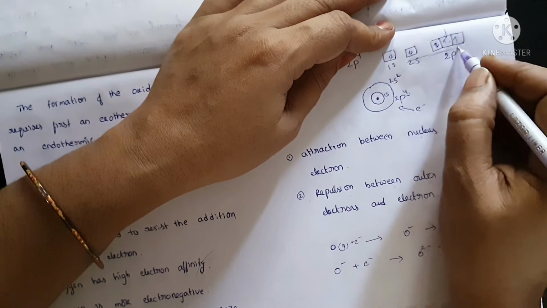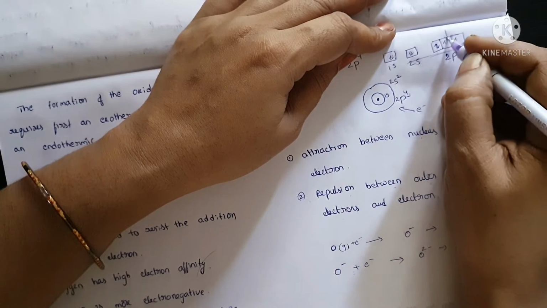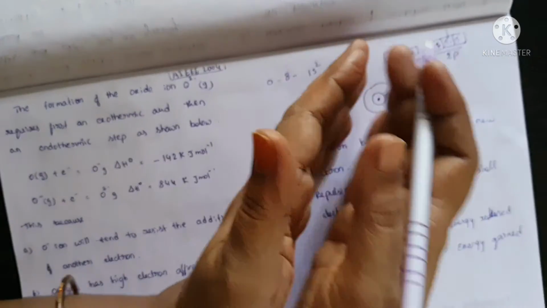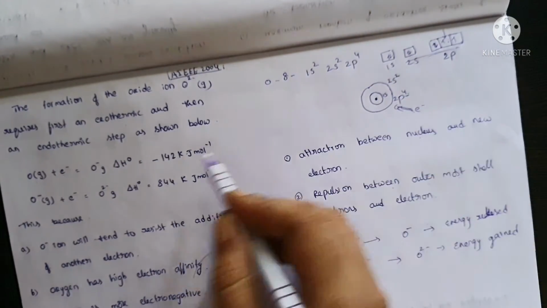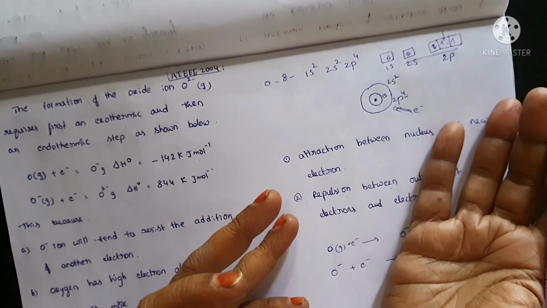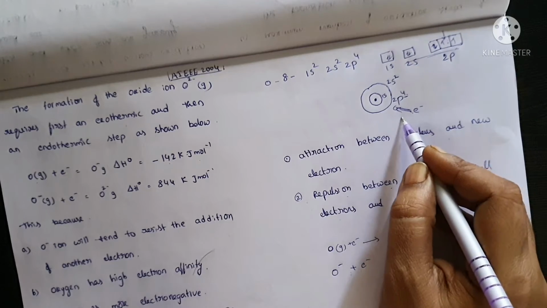This is called the valency shell. So it easily takes the electron and it is exothermic. Some energy is released.